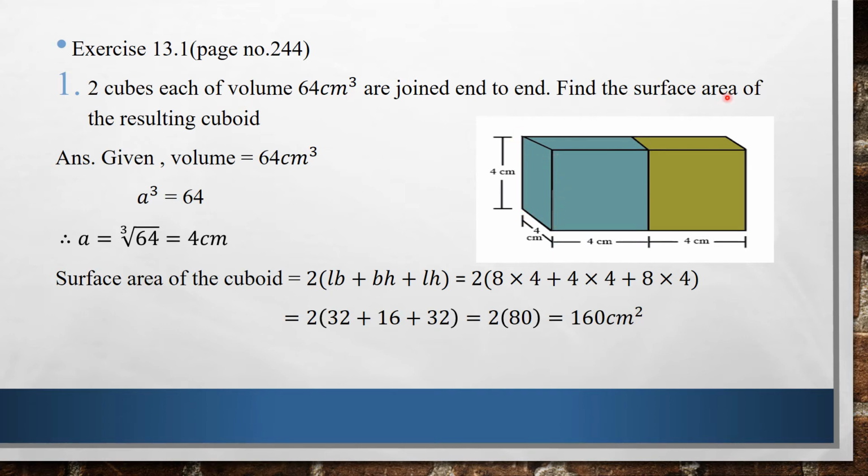The surface area of the cuboid is 2 into (LB plus BH plus LH), which is equal to 2 into (8 into 4 plus 4 into 4 plus 8 into 4), which is equal to 2 into (32 plus 16 plus 32) equal to 2 times 80, and the answer is 160 centimeter square.